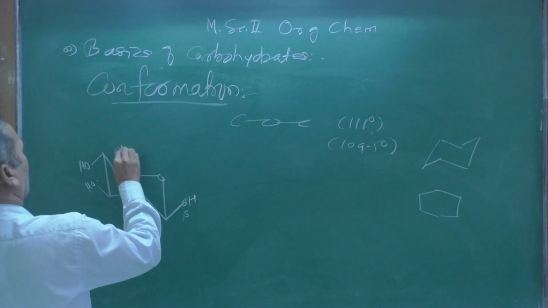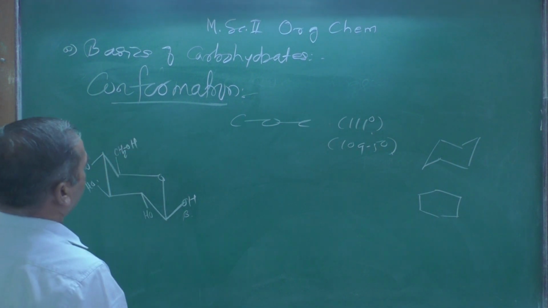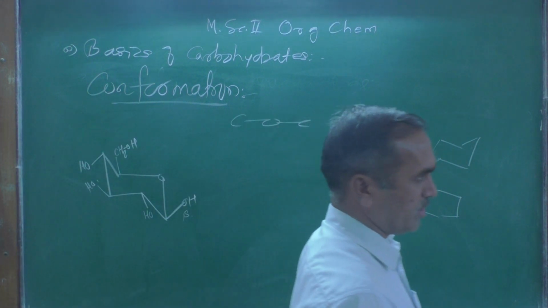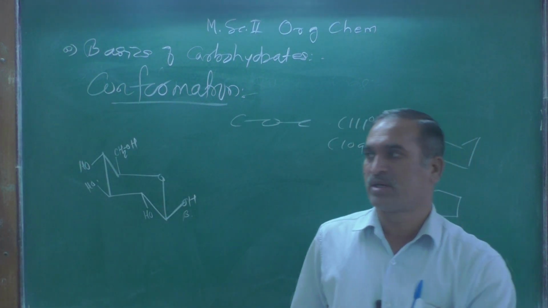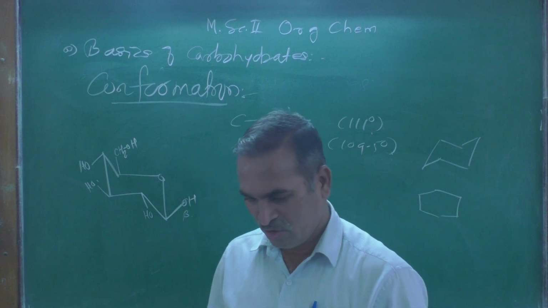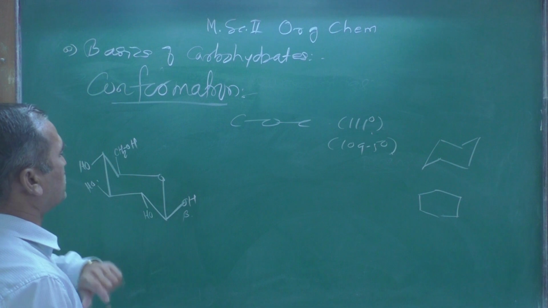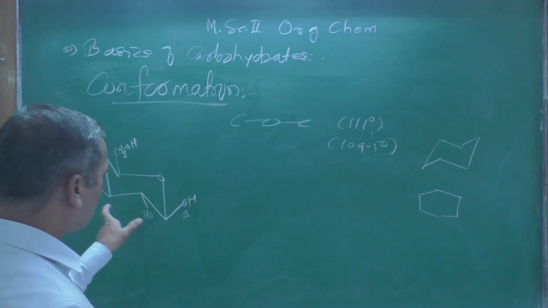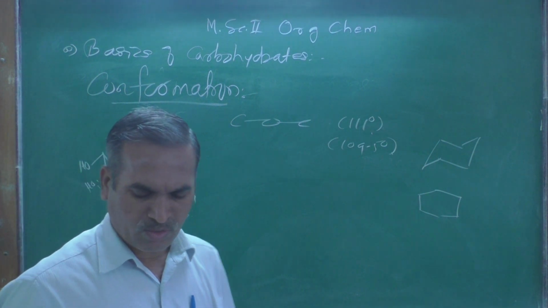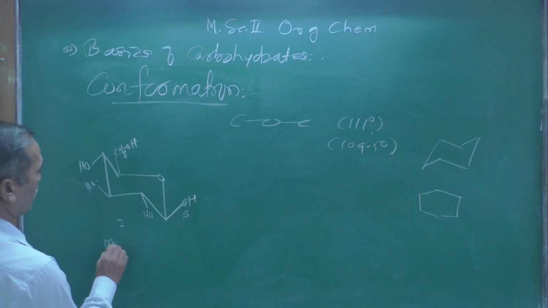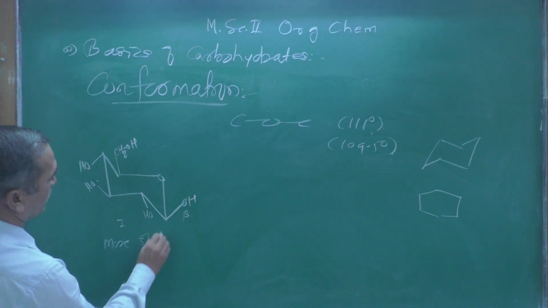Here all the bulkier groups are present at equatorial positions. That will be the preferred conformation of that chair form. This first one is the more stable conformation.